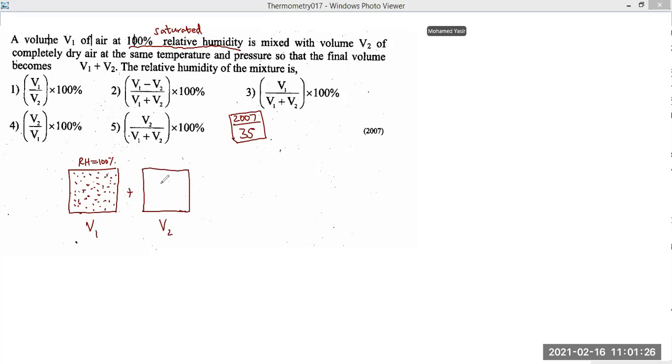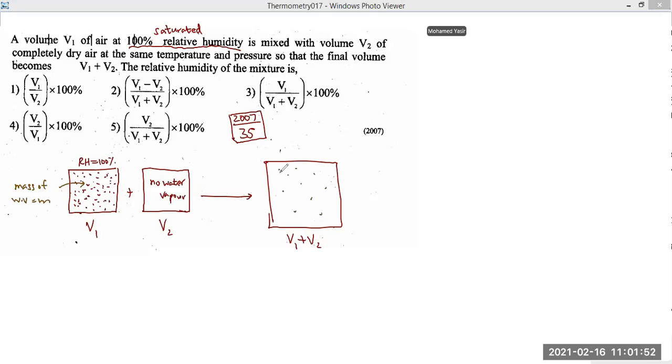There's no water vapor. That's the meaning of completely dry. Then when they are mixed, you will get a new system. It will be V1 plus V2, the total volume. If the mass of water vapor in the first sample is M, then the mass of water vapor here must be M.